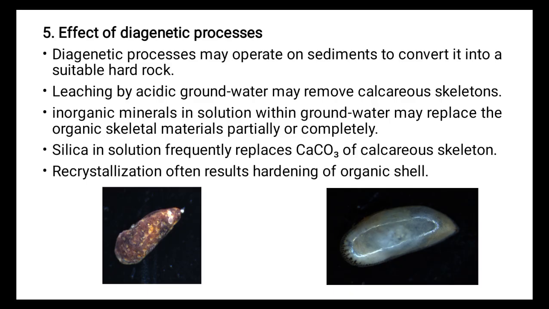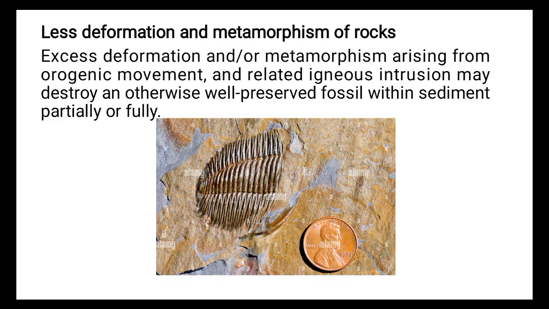As you can see in the image, the reddish one is replaced by iron oxide. Both are ostracods, one from the Jurassic and one from the recent. The recent one has a very smooth, shining surface. The left one is cherry red in color, made up of iron oxide replacement. This is the diagenetic process, as I have told.